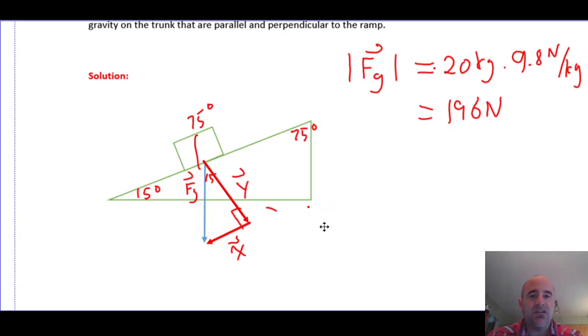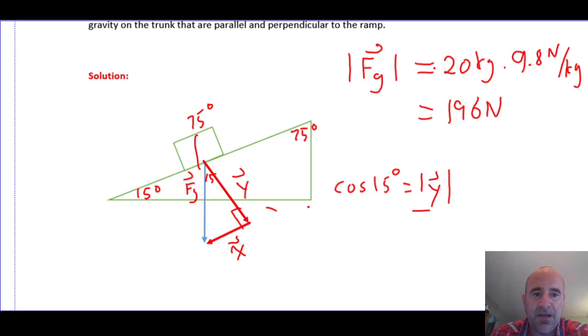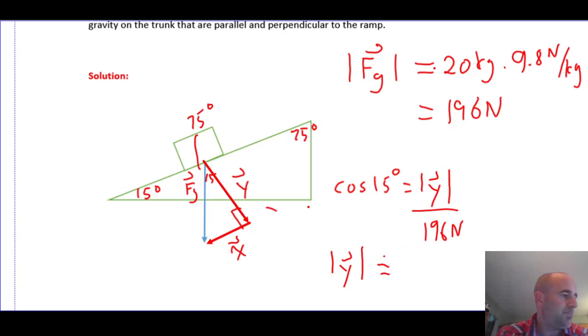So we can say that the cosine of 15 degrees will be equal to the magnitude of y divided by 196 newtons. And that should give us about, let's just say, about 189 newtons.